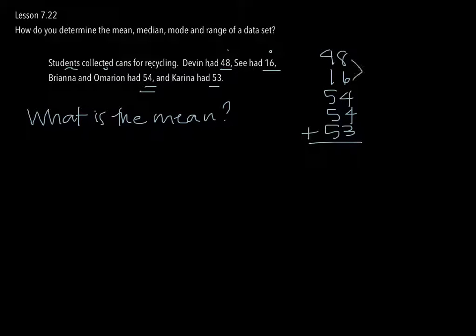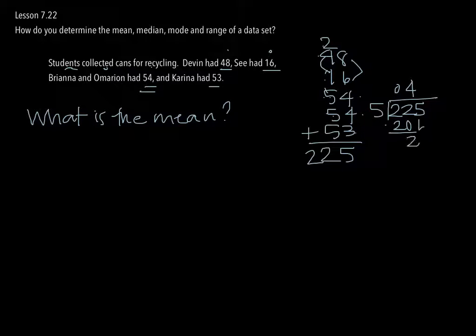8 plus 6 is 14, plus 4 is 18, plus 4 is 22, plus 3 is 25, carry the 2, and so on, for 225. Then we're going to divide by the total number, 5. So 225 divided by 5. 22 divided by 5 is 4, 20 subtract 2, bring down the 5.